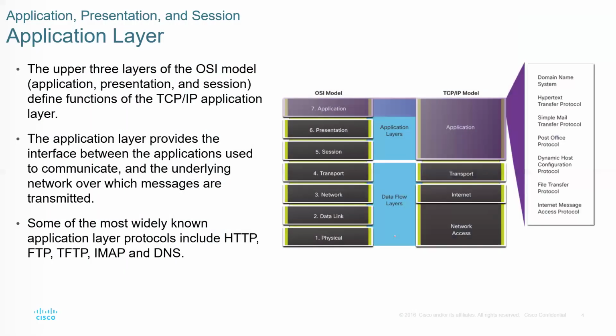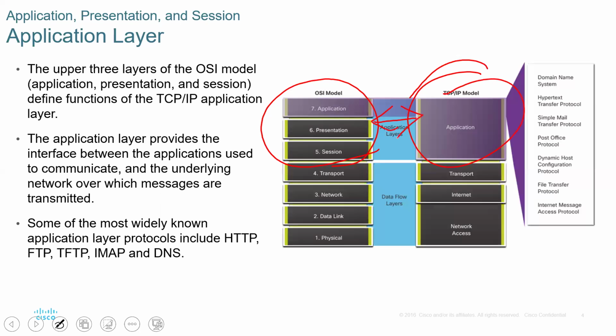So the upper three layers of the OSI model, which is the session layer, presentation layer, and application layer, tally with the TCP/IP model of the application layer. So they're usually called the upper layers.